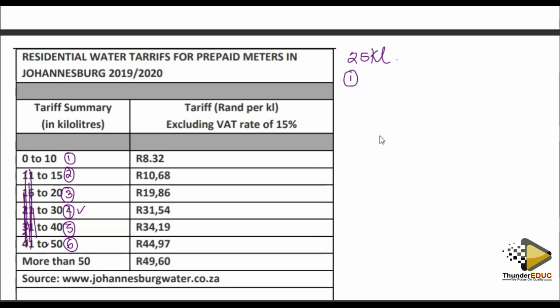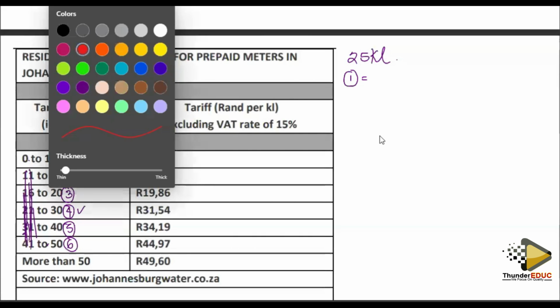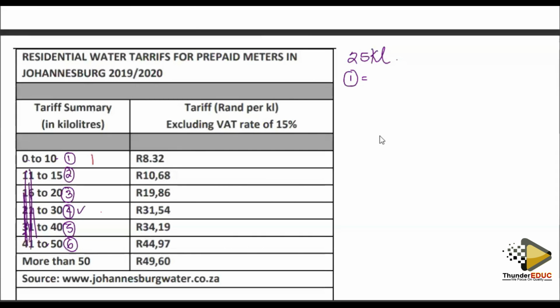How much will the person pay? The person will pay the maximum kiloliters here, which are 10. When it comes to block number 5, the maximum kiloliters here that are needed are 5. When it comes to block number 3, the maximum also are 5. Whereas when it comes to block number 4, the maximum are 10. How did I get the 10?